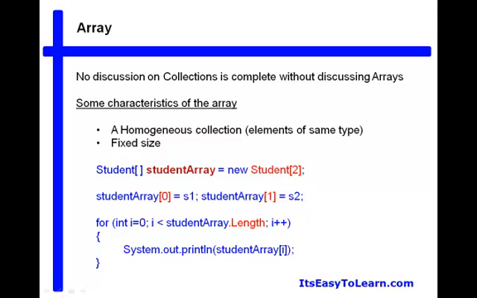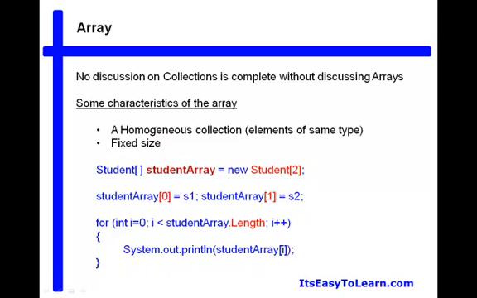Elements of the array are accessed by the index, and remember, in Java, index always starts with 0. If we have an array of length 2, then the elements are indexed as 0 and 1. So, to access elements of the array, we use a simple for loop.